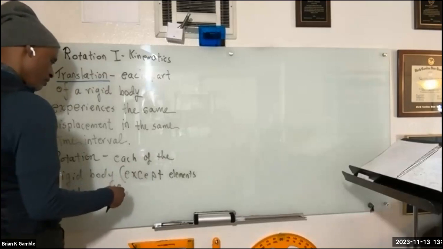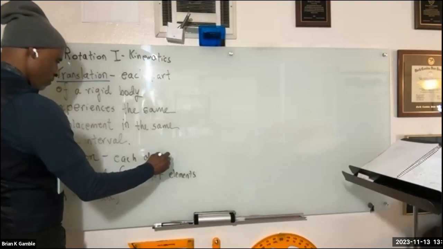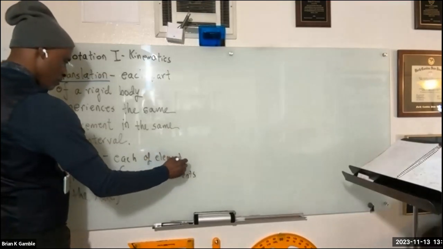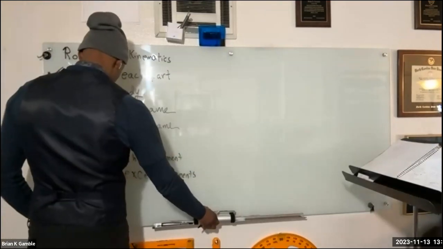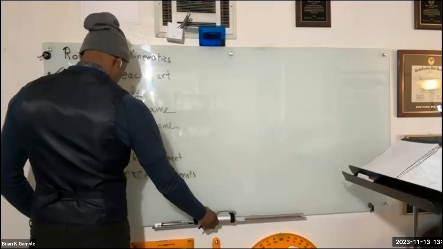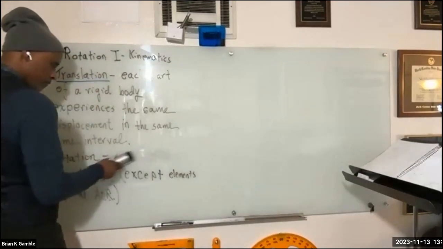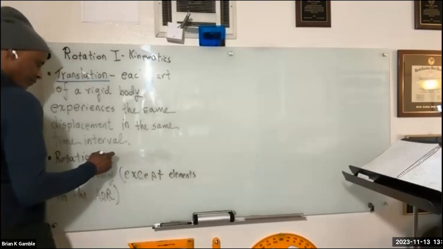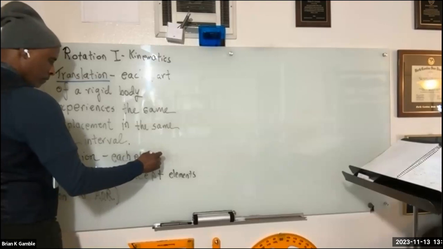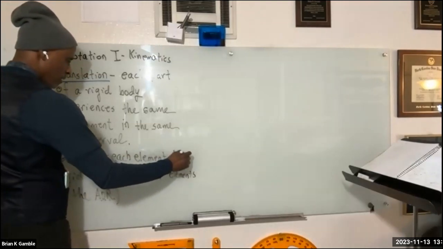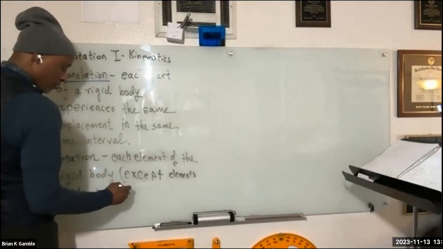Define that in one. So each element of the rigid body, except elements on the axis of rotation, travel in a circle.